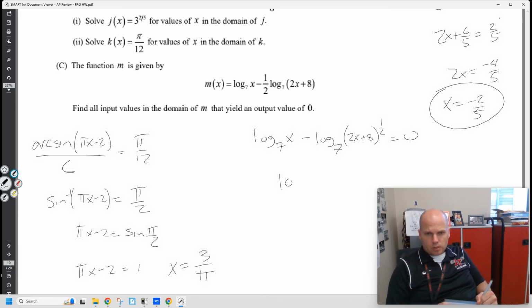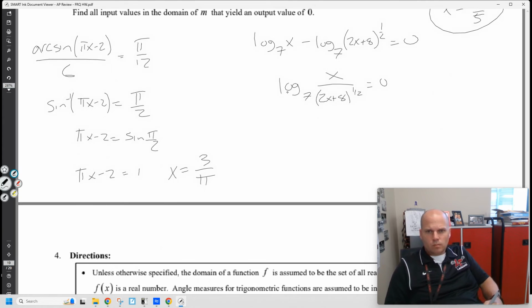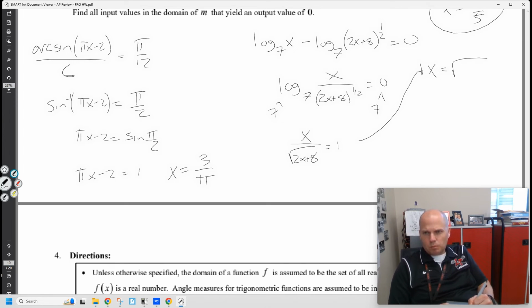Log properties. Get rid of the log base 7. Yeah, these are good. Complicated. Multiply both sides by the denominator.